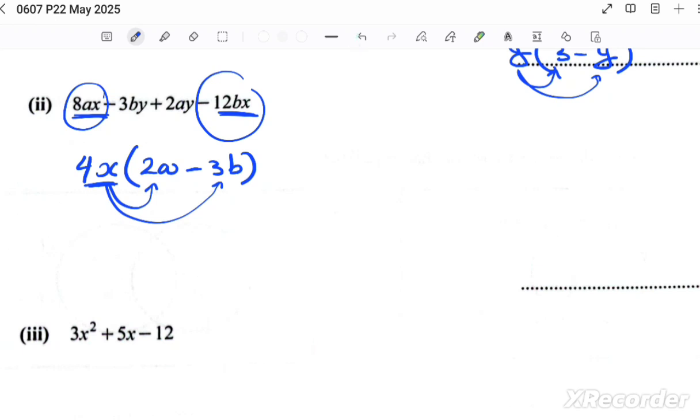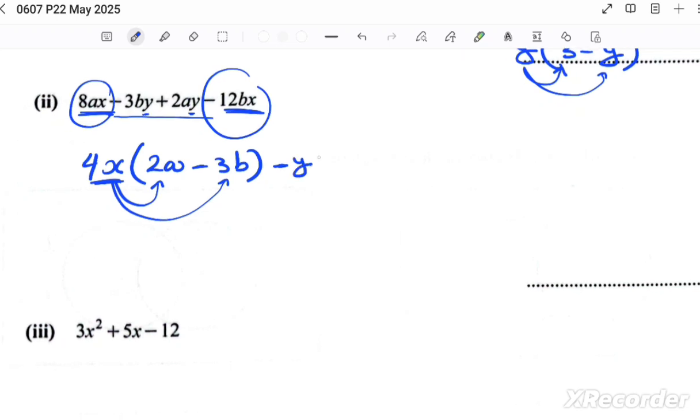Now, next part, here we have y, both terms. So let's take here minus y. So if I'll take minus y there, what will remain inside? Look at this one. Here it will be 2a.